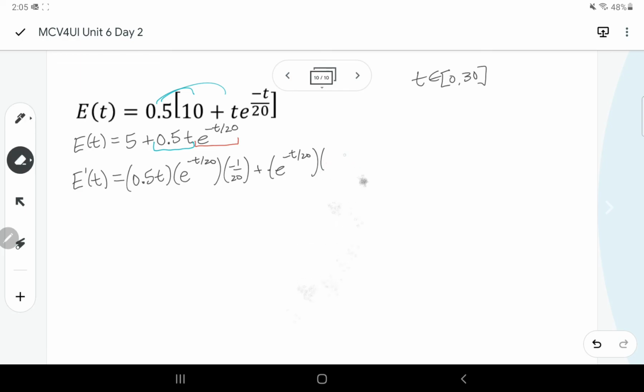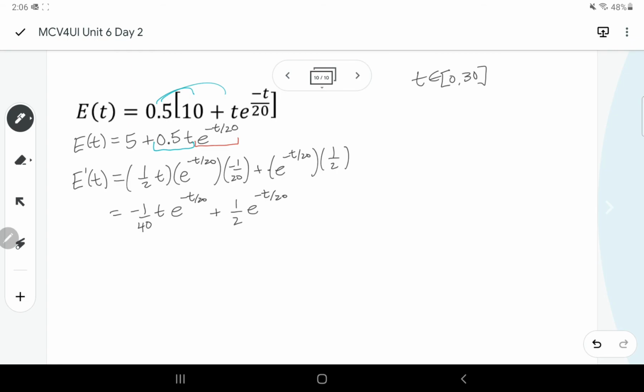I may actually just write that as 1/2. So here we've got, I'm actually going to change all my 0.5s to 1/2 just because I've got some fractions and some decimals. So I'm just going to clean this up a little bit. So I have negative 1 over 40 t e to the negative t over 20 plus 1/2 e to the negative t over 20.